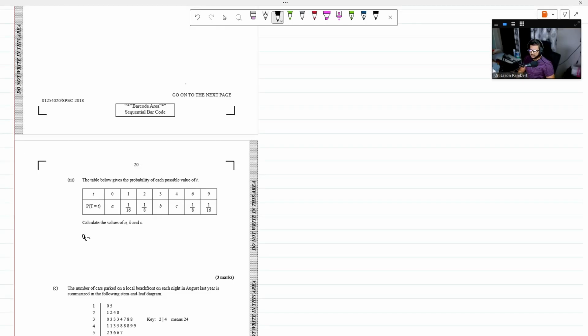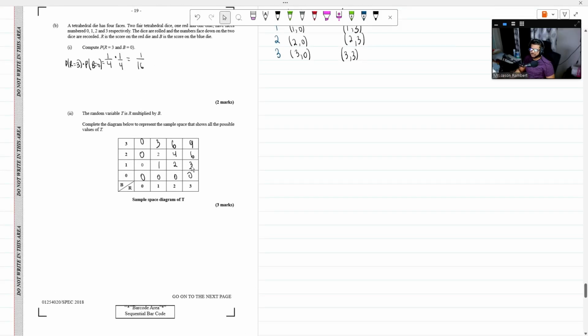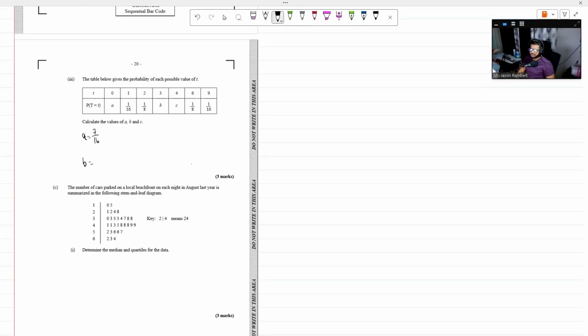So a is equal to 7 out of 16. b is equal to, how many times did we get a 3 in the table? 2 out of 16, which is 1 out of 8.